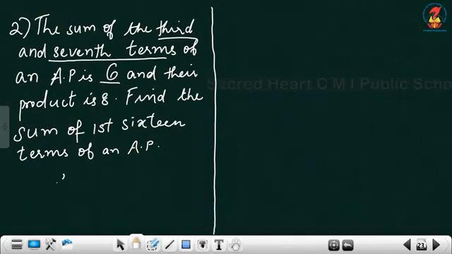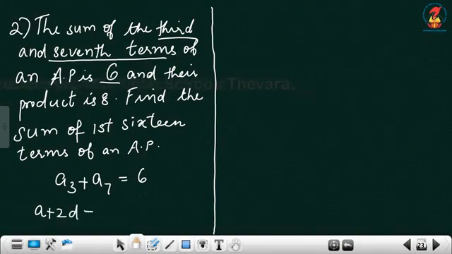So third term means a3, seventh term means a7, is equal to 6. So instead of a3 we can write a plus 2d plus a plus 6d is equal to 6. So we are getting this as a plus 4d is equal to 3.